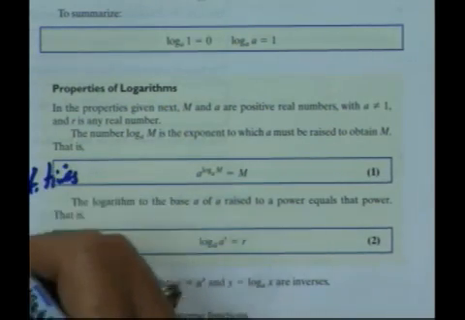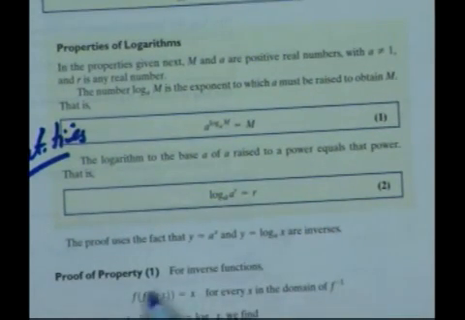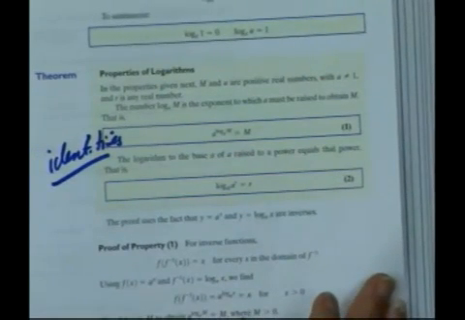These are usually called identities in other books. And this is log to the base a of a raised to the r. They used r instead of an m. And the proof for this was when they looked at the composition of those two functions, just like what we did in class just a second ago. Okay?